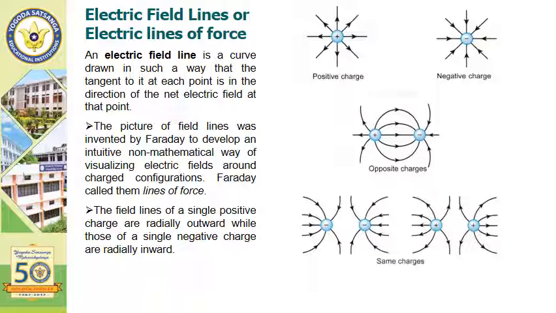Third, two field lines never cross each other. Number 4, as we have discussed, electric field lines do not form any closed loops. And the fifth one, which we have already learned, is that the tangent to the line of force at any point gives the direction of electric field at that point. These are some general properties of field lines.